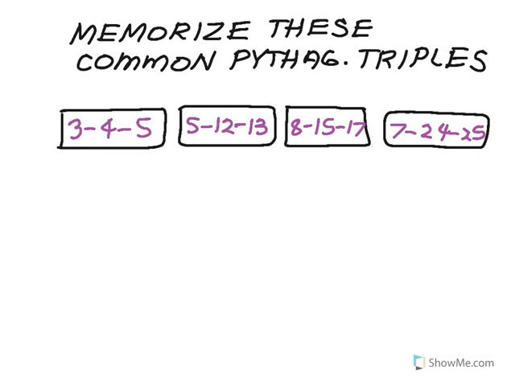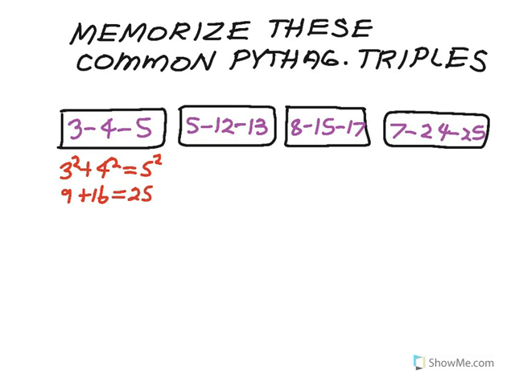Let me prove it to you, and then I'll also give you multiples of those triples that are right triangles. So first, 3 squared plus 4 squared is equal to 5 squared. Okay, so I can prove, 9 plus 16 is 25, that this is a right triangle.